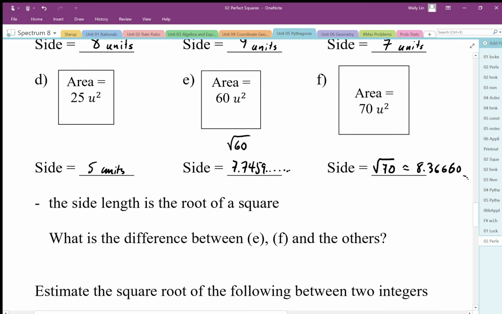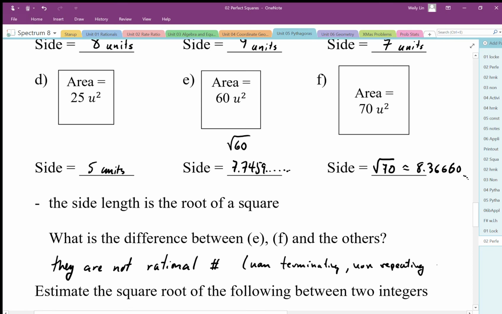Well, the E and F questions, they are not rational numbers, meaning that they have non-terminating, non-repeating decimals. They are not nice numbers to work with.